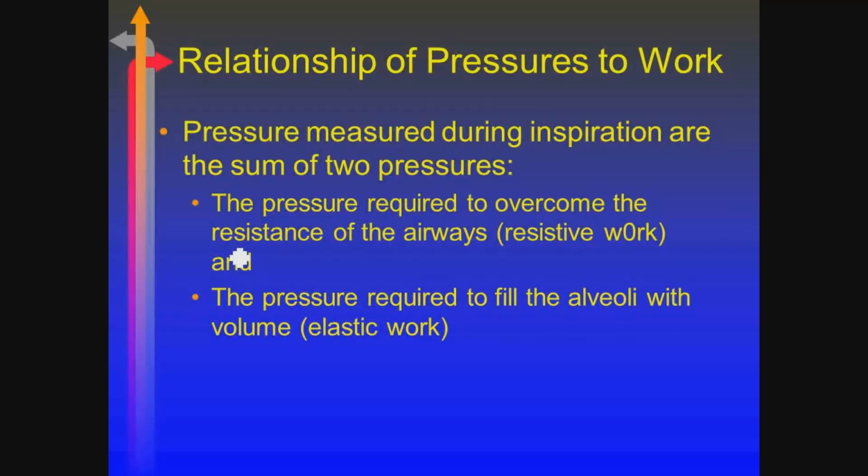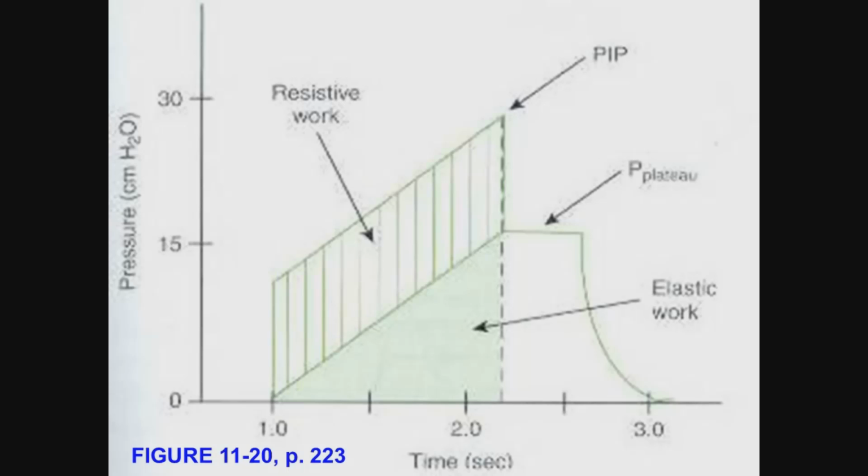Okay, we know that pressure that is generated during a volume-based breath, we have to overcome compliance, we have to overcome airway resistance. So those two things have to be dealt with. And that's what's going to cause the patient to do additional work. And this is that graph that I showed you earlier, that I drew. But this is a far prettier one because it's out of your book.